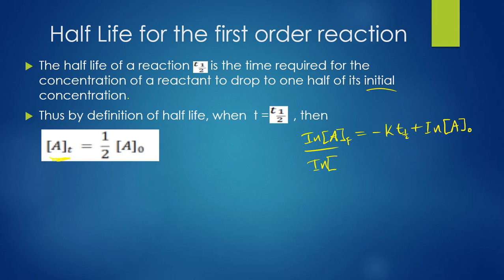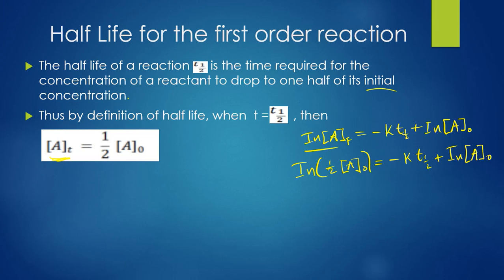So I'm going to write the initial concentration here. Here we're going to have ln of 1/2 multiplied by the initial concentration, equals negative k t 1/2, plus ln of the initial concentration.